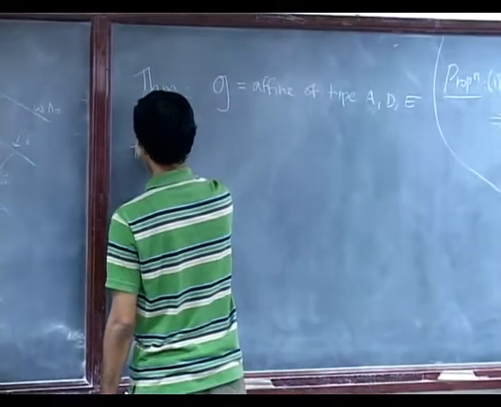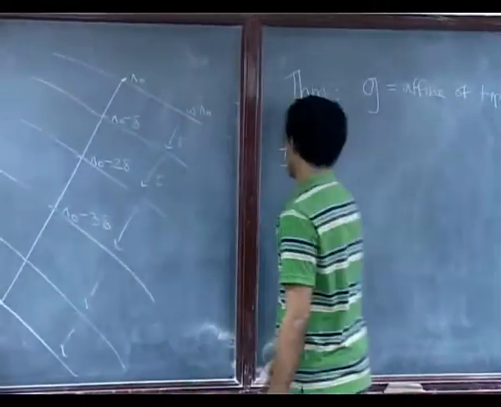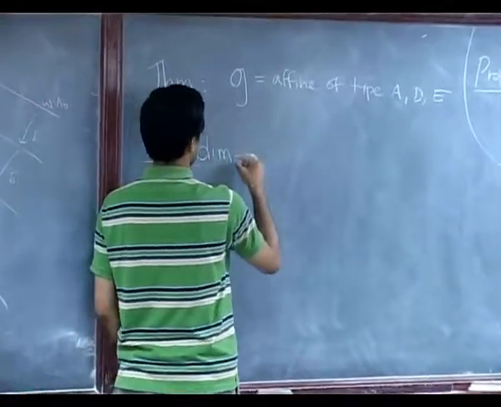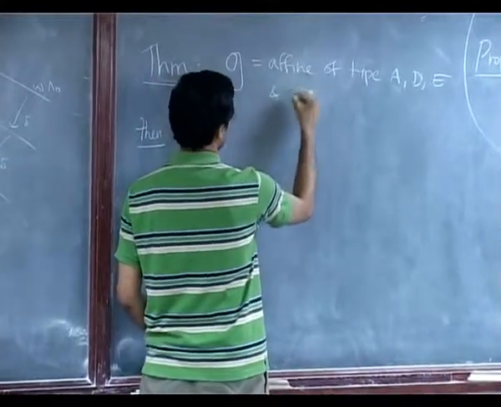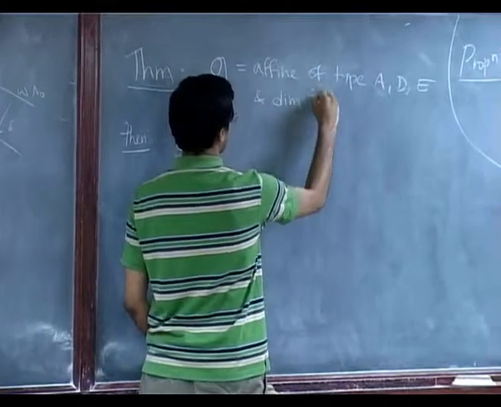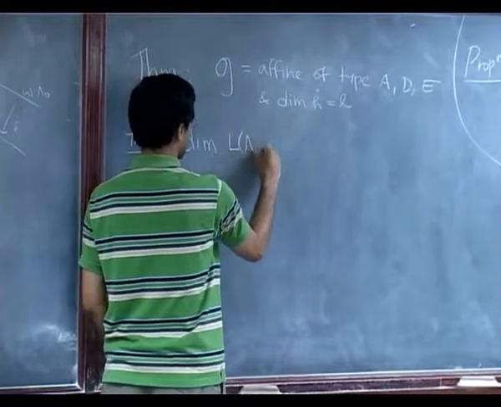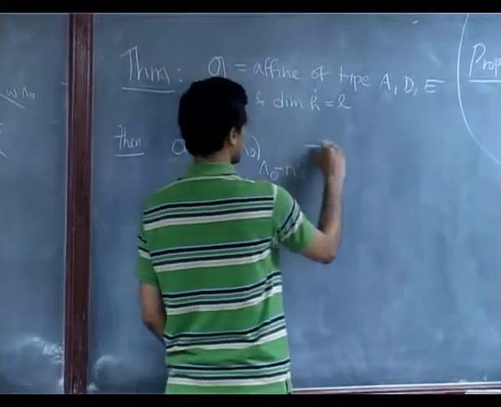Then the dimension of these weight spaces, and I should say the rank and dimension of the underlying Cartan subalgebra is L and so on, all the usual data. The question is how the dimension of these weight spaces varies as a function of n.